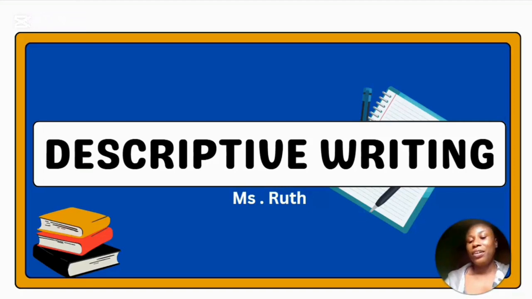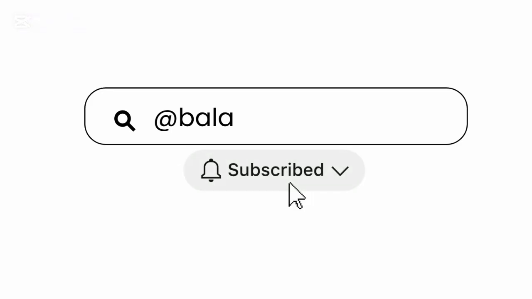So, today we are going to talk about descriptive writing. And writing is a part of English that is very important. So you need to learn how to not just write words, but capture minds with your words.